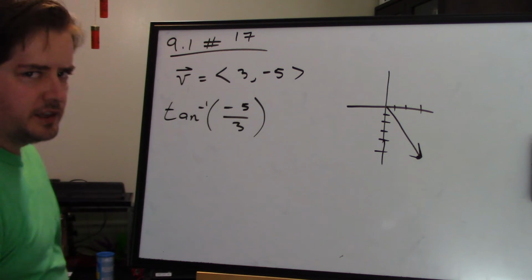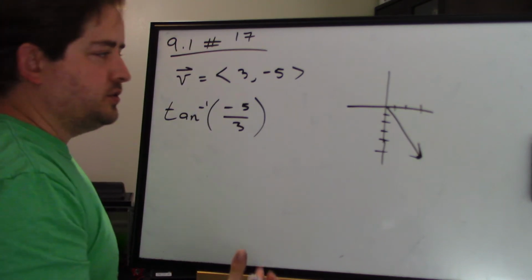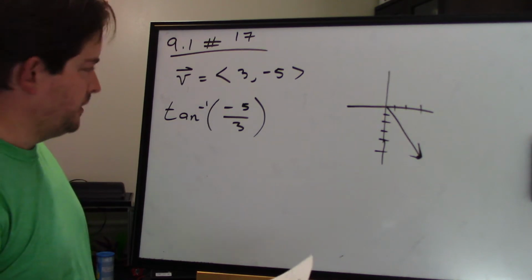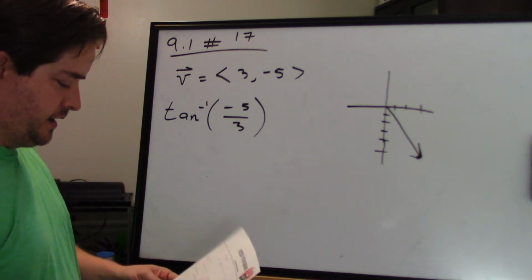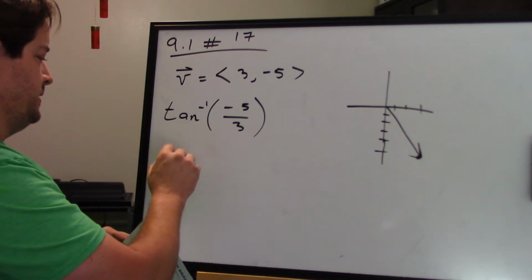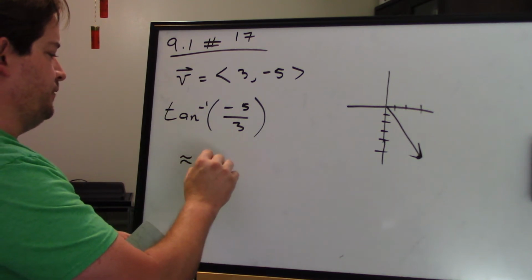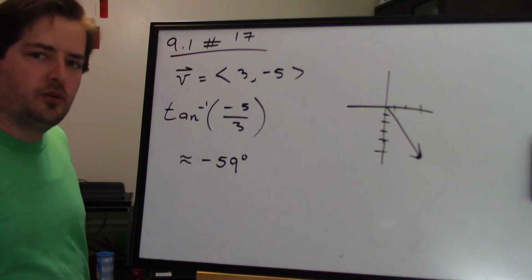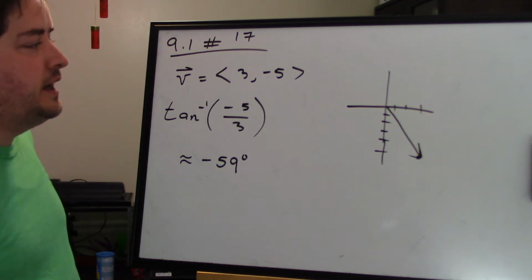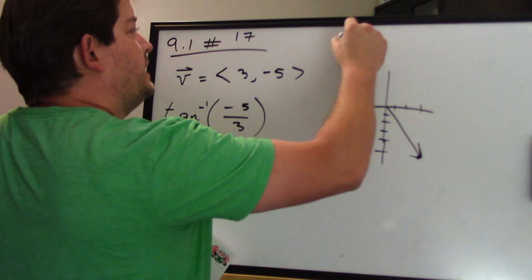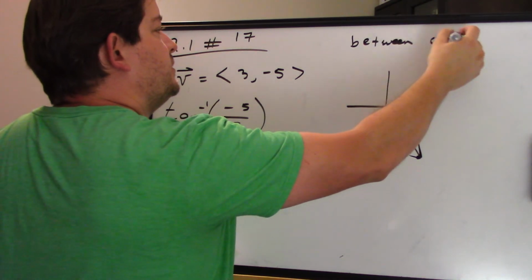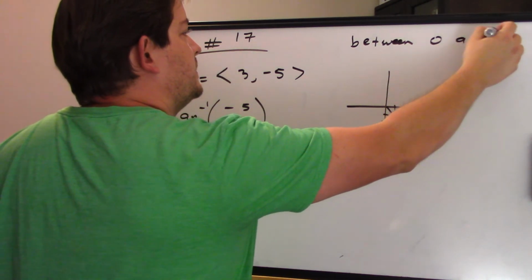That's not a nice known angle, so I have to throw that into a calculator or Mathway or Wolfram Alpha. And I did that and I got something around -59 degrees. Which makes sense. I'm down there in quadrant 4, but the question asks you to put your angle between 0 and 360.